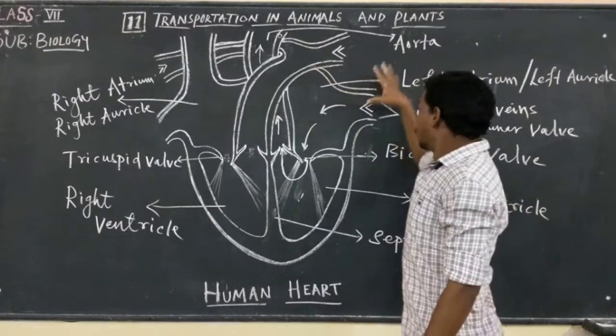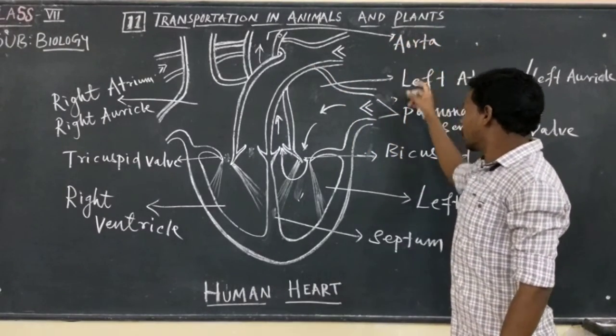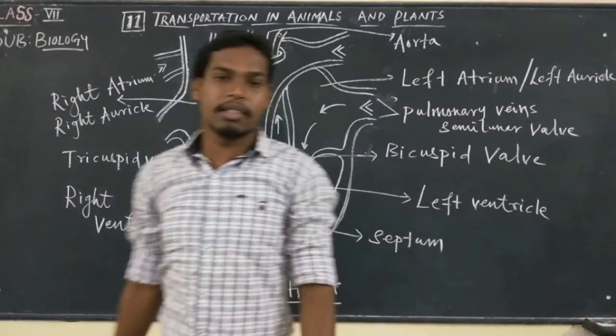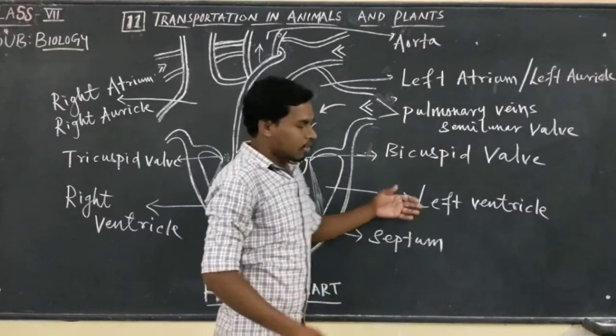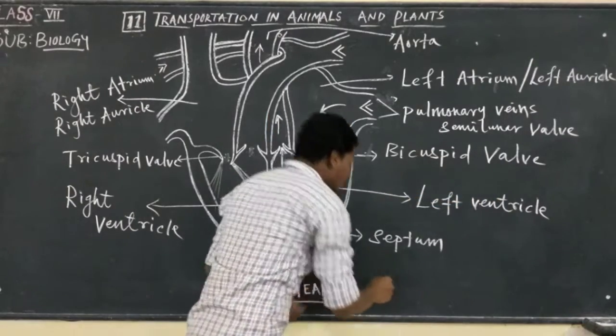So the blood that is coming from the lungs and picked up by the pulmonary veins is rich in oxygen. Now this oxygenated blood is coming to which side of our heart? It is the left side.